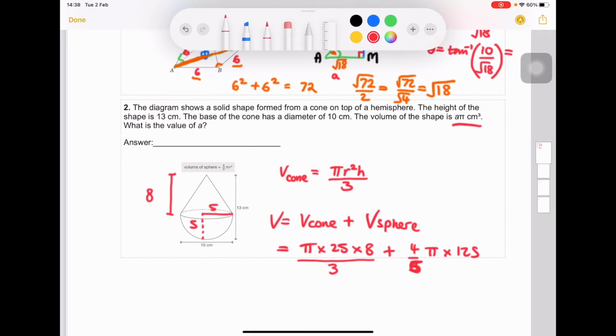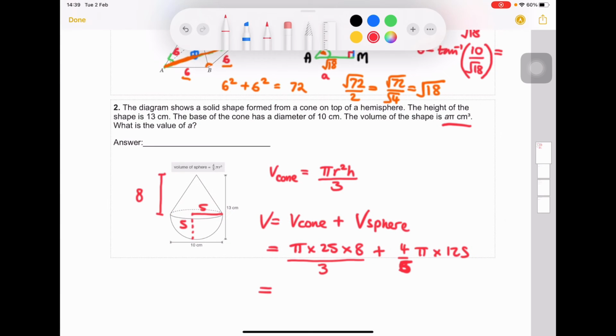Okay, so now let's work this out. 200 pi over 3 plus 4 multiplied by 125 is 250, 500 pi over 6.